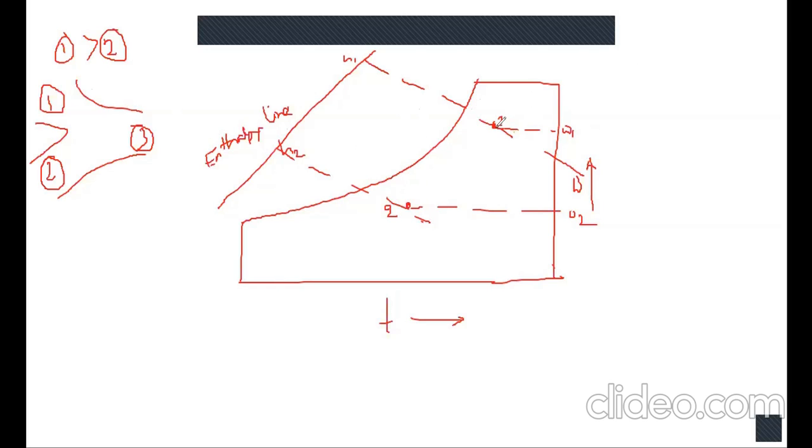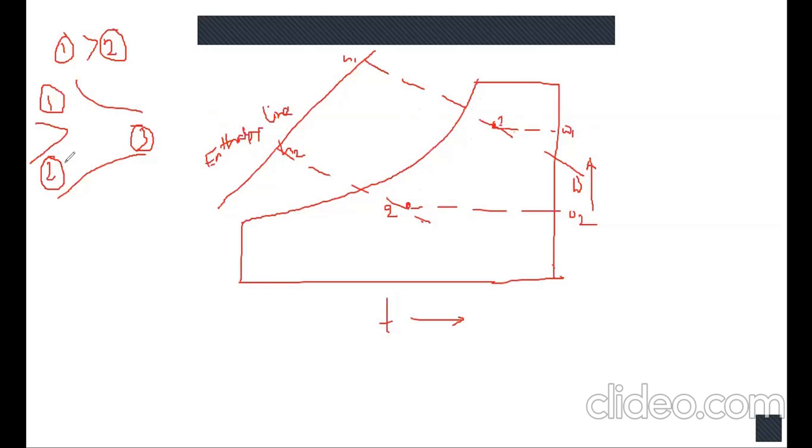Now 1 and 2 mix each other and we get state 3. We have to locate state 3. We don't know about state 3. We know only 1 and 2.